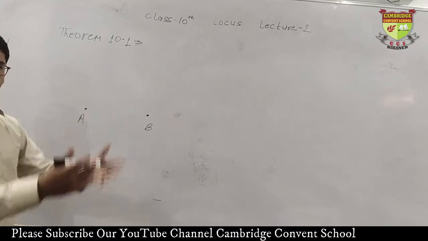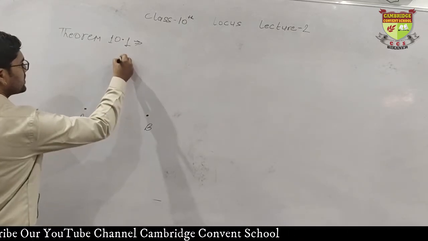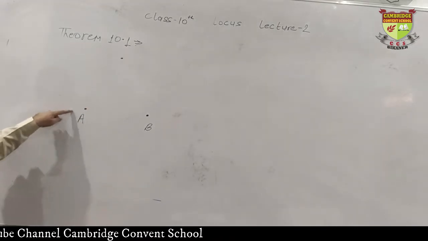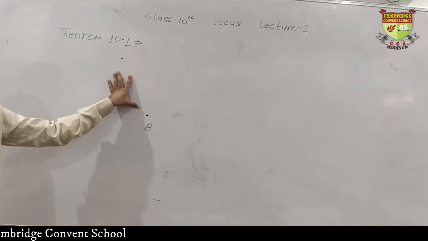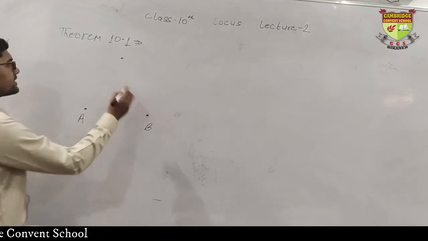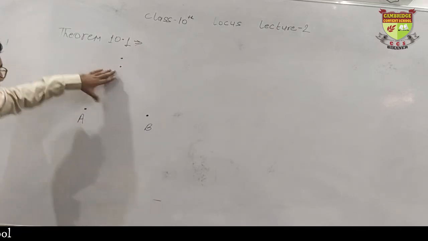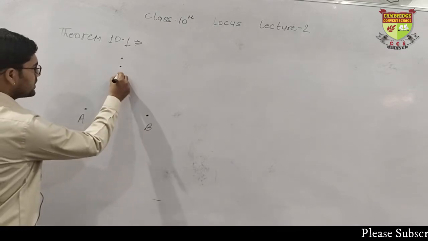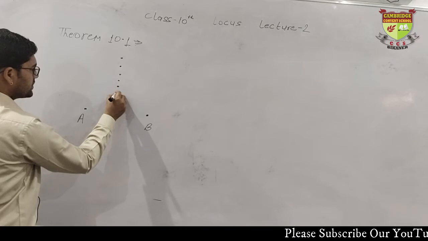We have done it already in the previous lecture. The point may be somewhere here, because this distance and this distance are both equal. I can take another point like this; this distance and this distance are equal as well. So there may be lots of points.